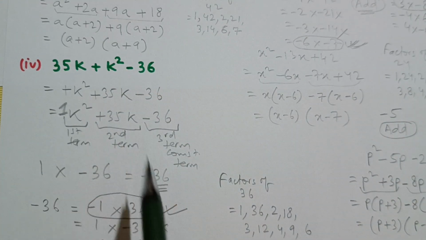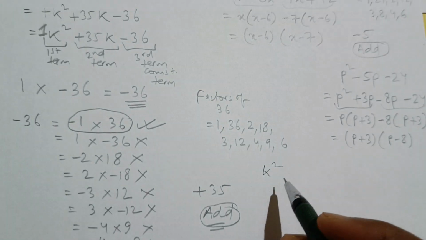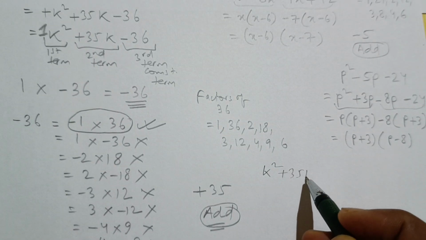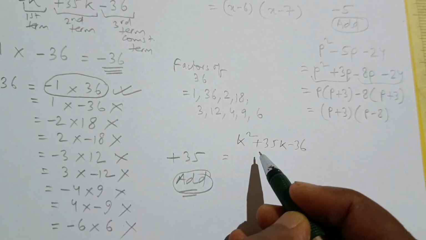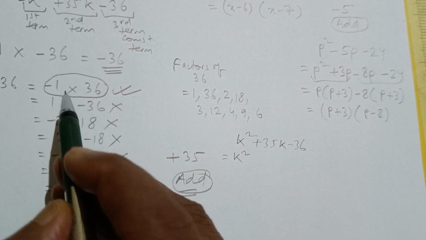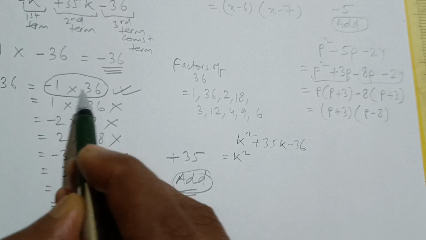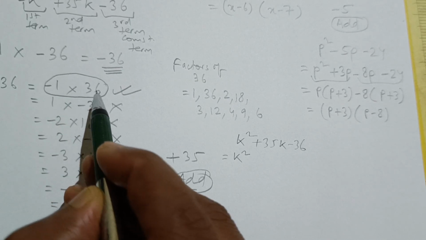So I will write this polynomial. So k square plus 35k minus 36. Now what I'm going to do is I'm going to split this middle term. So k square, now plus 35k, I will split it. So it is minus 1 and 36. 36 means plus 36.